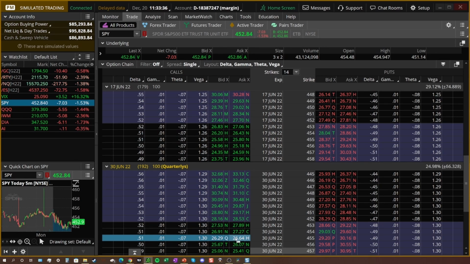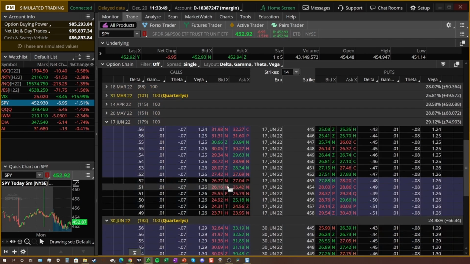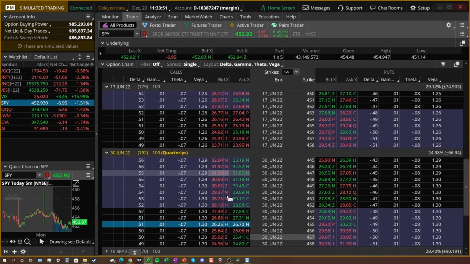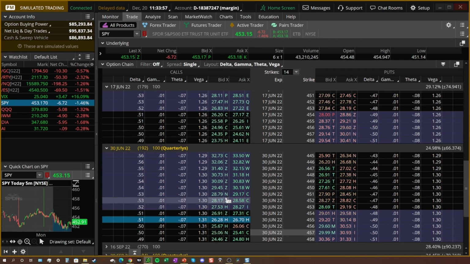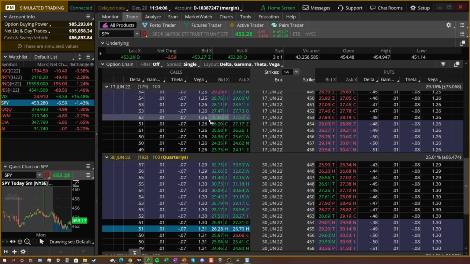So we're going to take about a $100 hit there, but we're looking to make about $600 selling the near-term option. So we'll lose about $100 on the long-term option, but we look to make $600 on the near-term option from Theta decay. That is how you can plan around this strategy.